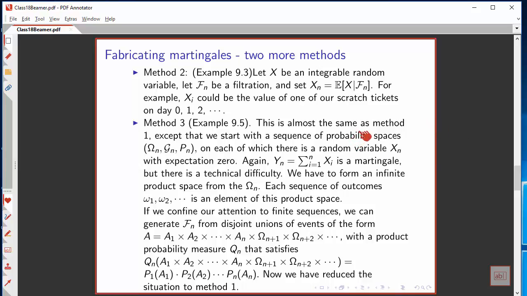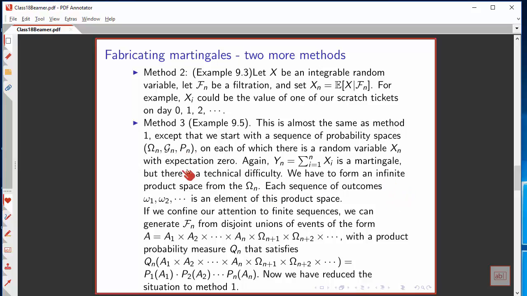Here's a method that superficially looks exactly the same as the first method. We're going to start out with a sequence of probability spaces, and on each of those probability spaces we want a random variable x whose expectation is 0, and we add together the x sub i's. The only difference here is we have a separate probability space p sub n for each day or each coin flip.